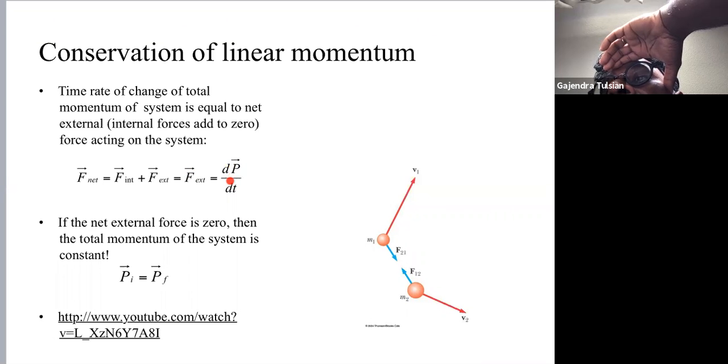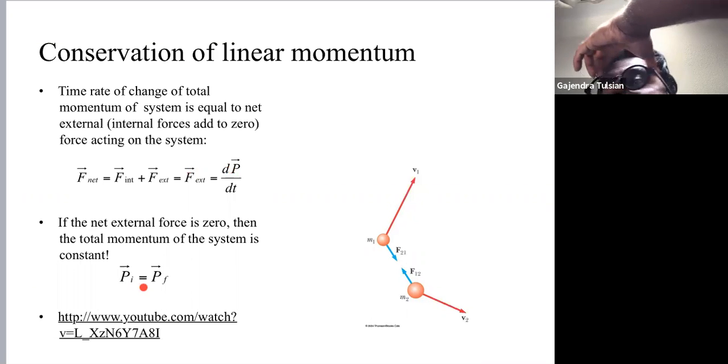Now, as long as there's no external force acting on the system, this will be 0. dP by dt is 0. That means P is constant, and that's what's written here. The momentum of the system before the interaction, before the collision, is equal to the momentum of the system after the collision. And that's what is conservation of linear momentum. So for an isolated system, there's no external force and momentum is conserved.